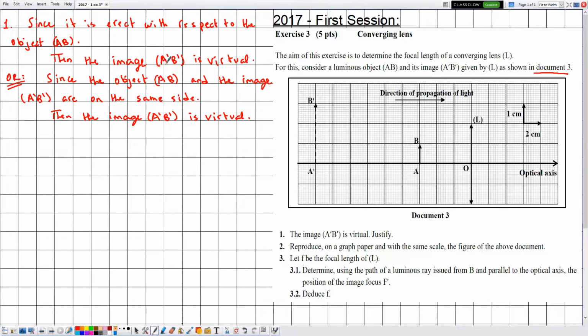No need to write both answers, either of them is accepted.